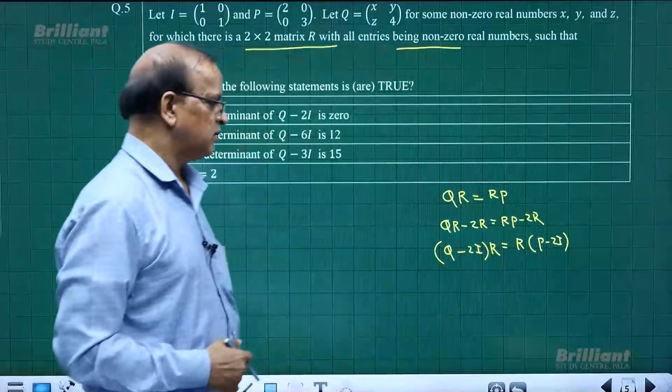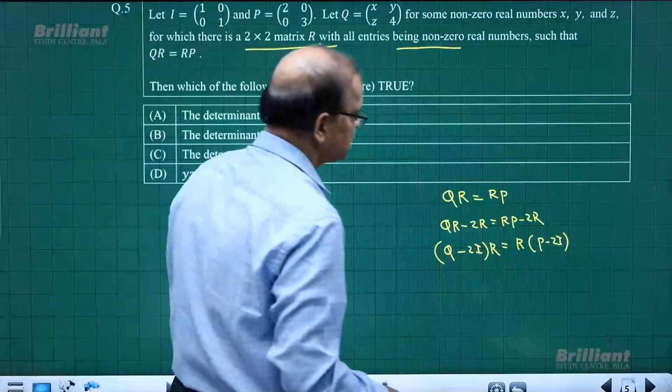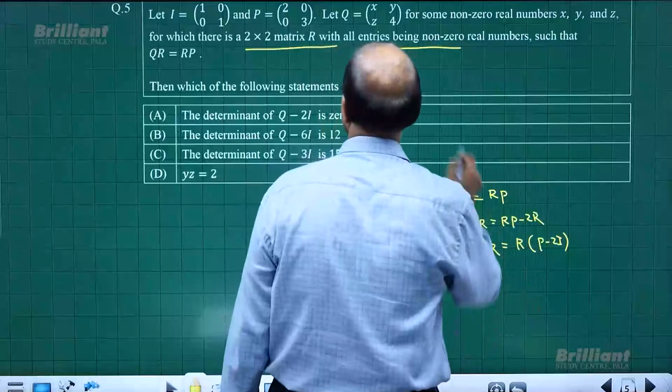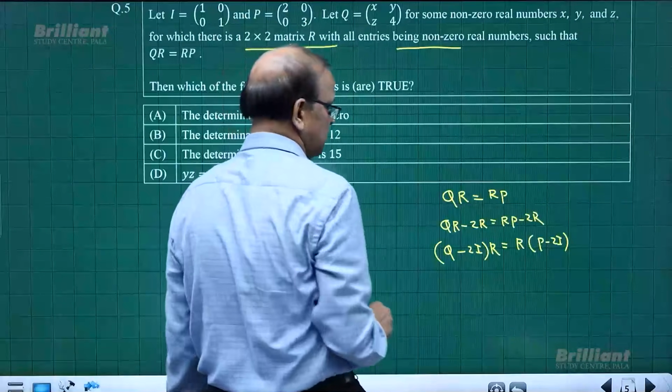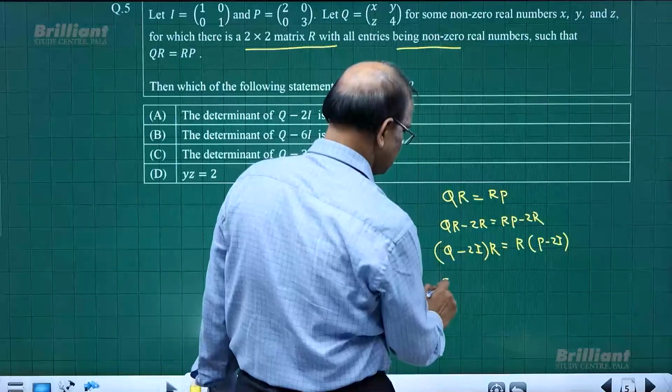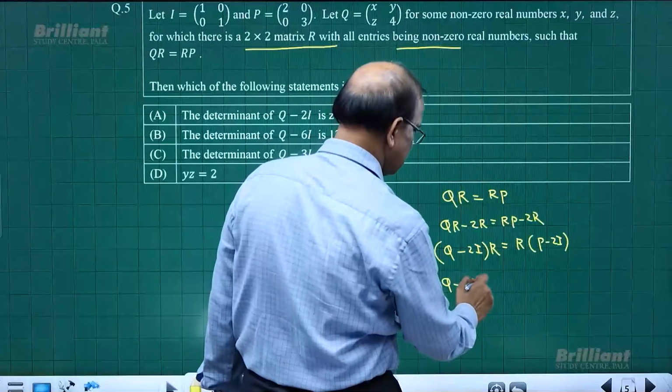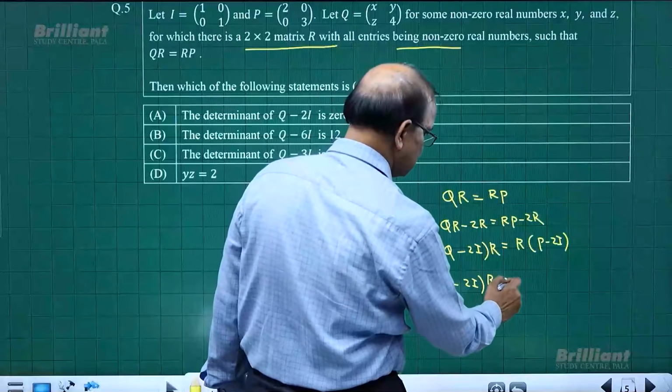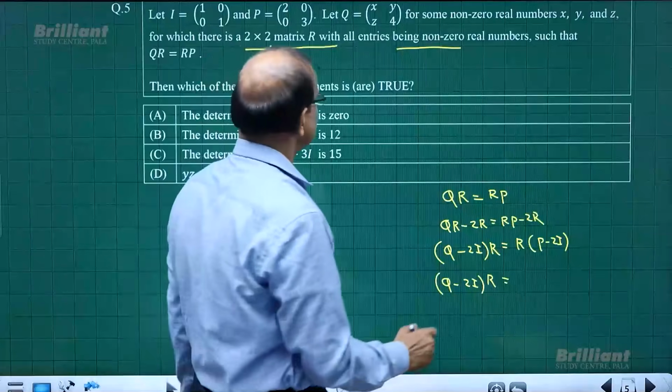What is P minus 2I? You can calculate. This is P minus 2I. So Q minus 2I into R is equal to R times.